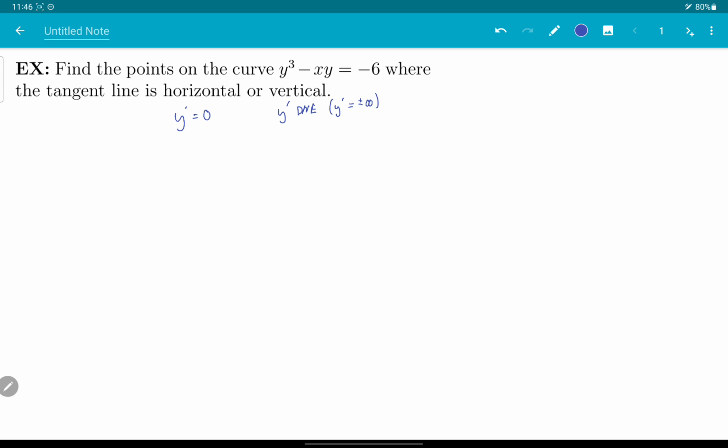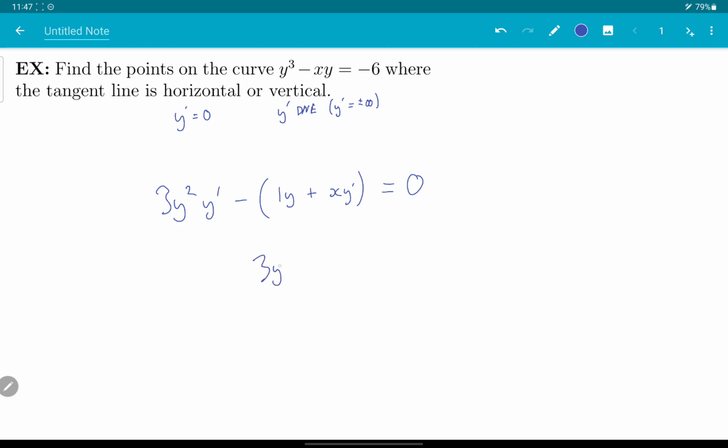Okay, so we take a derivative of both sides of this equation. What do we get? We get 3y squared y prime minus a product rule, so 1y plus xy prime, equals the derivative of -6, which is 0. As usual, we will keep our y prime terms over here, everything else over here.